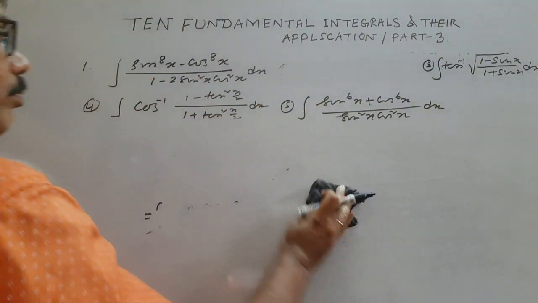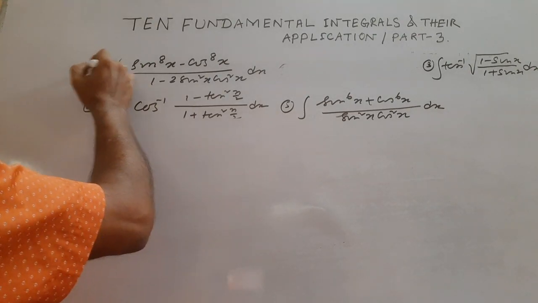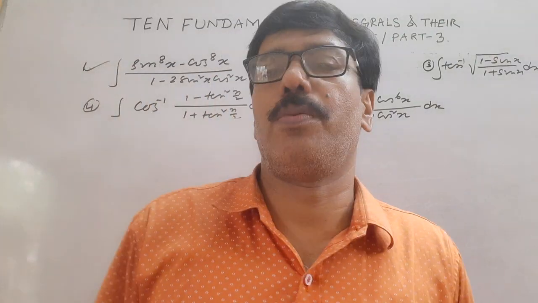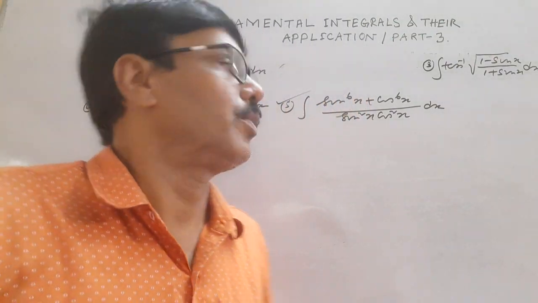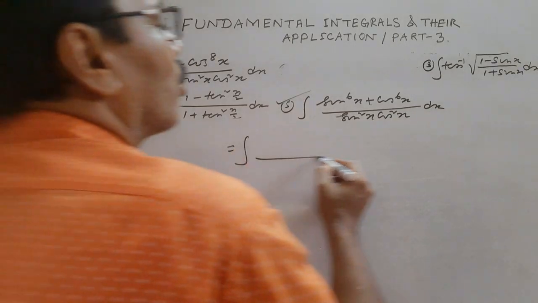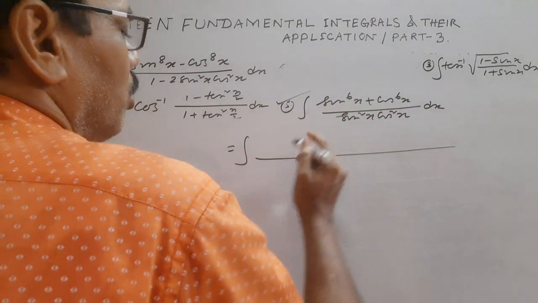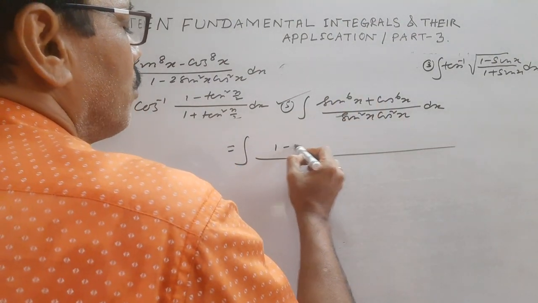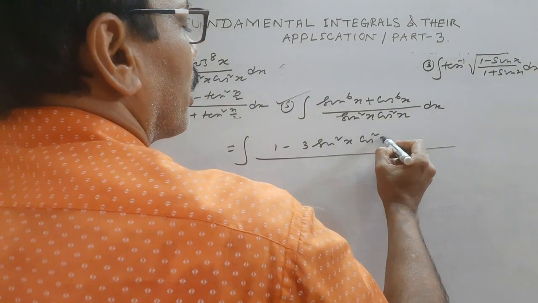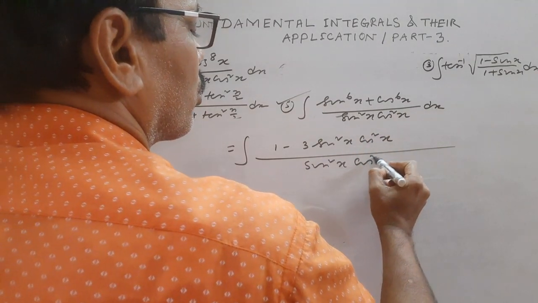Now problem number 1 and 5, they are of the same type. So problem number 5. So a cube plus b cube. So you know this one is 1 minus 3 sin square x cos square x by sin square x cos square x.